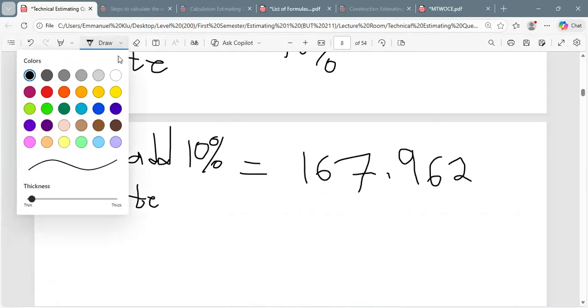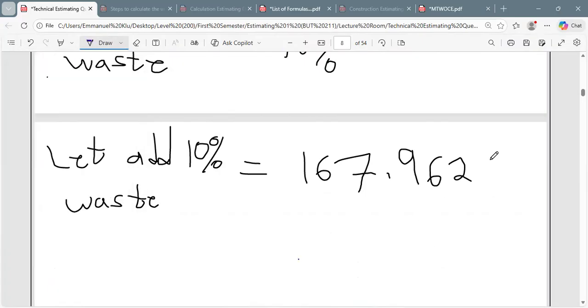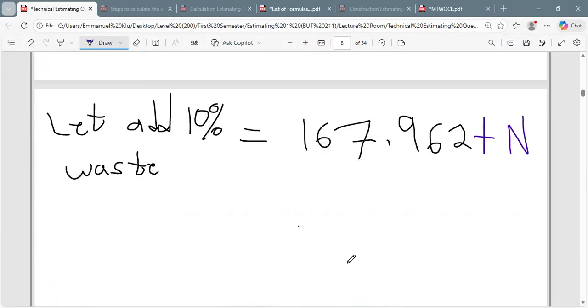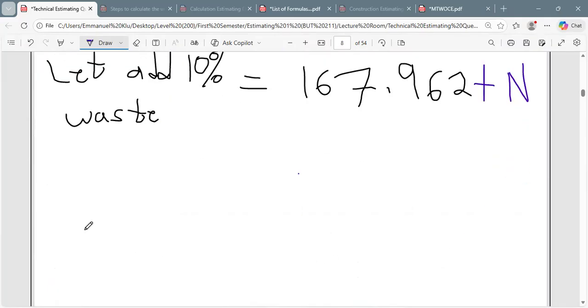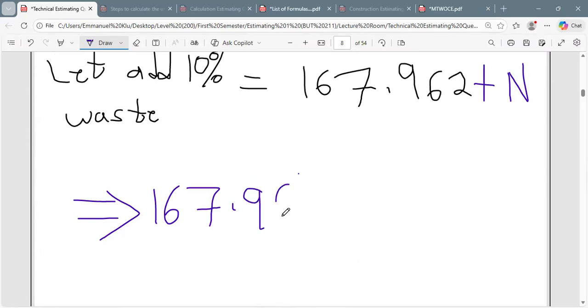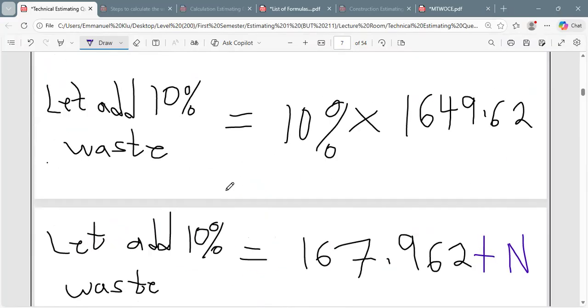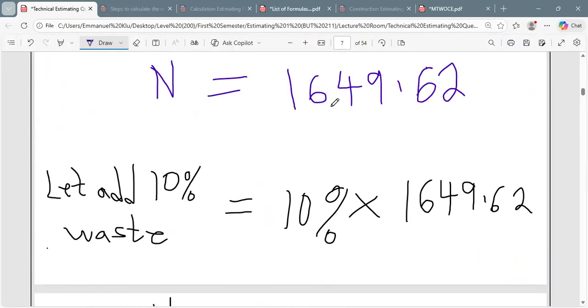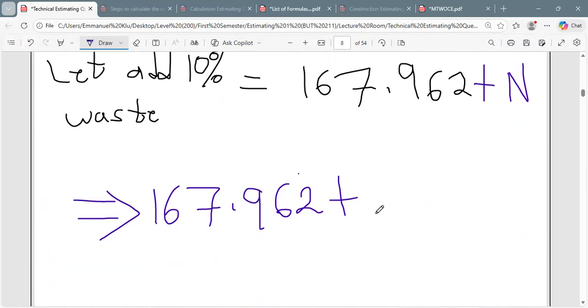Let's put this over here, plus the initial value. This is going to give us 167.962 plus the value we had, which was 1649.62.